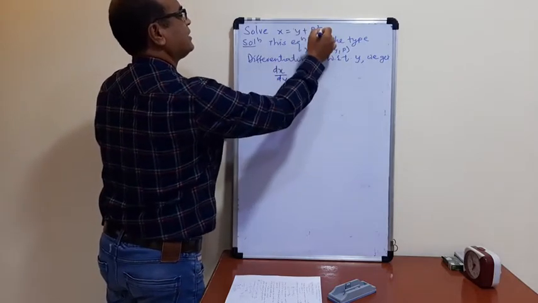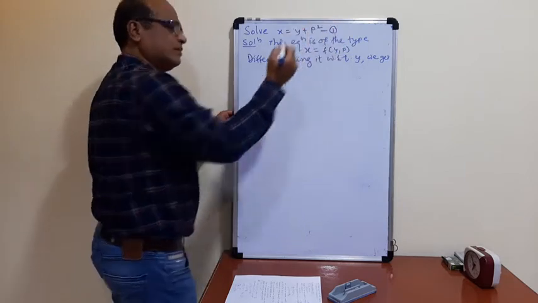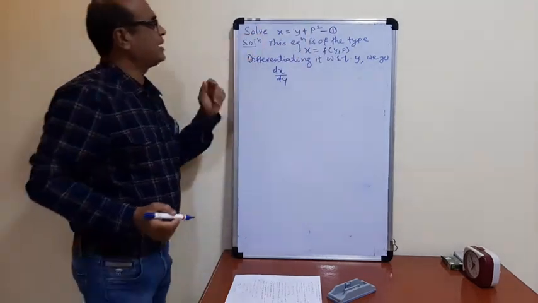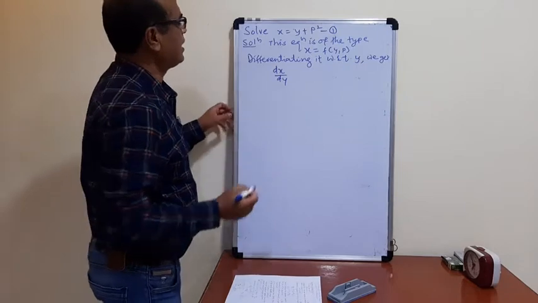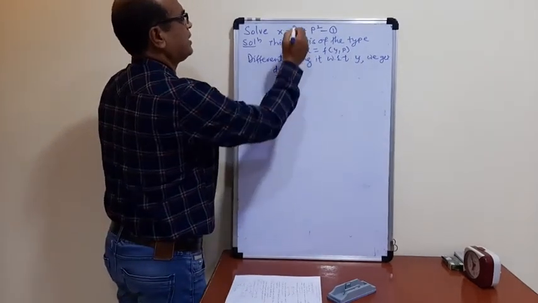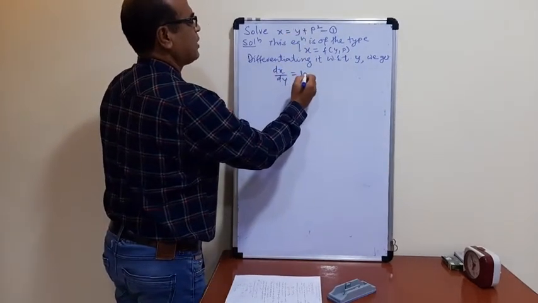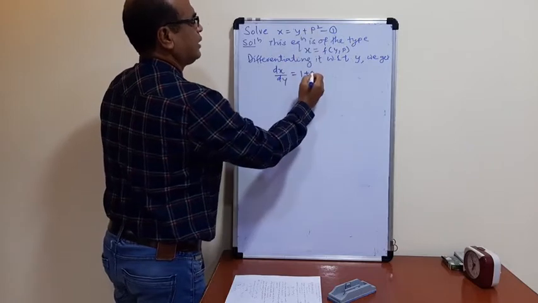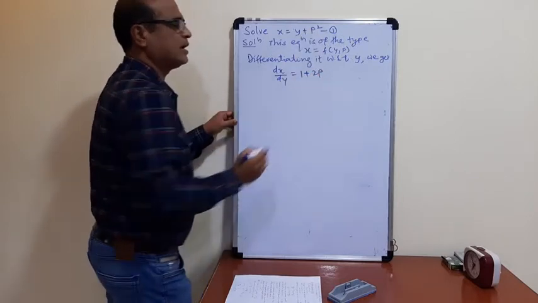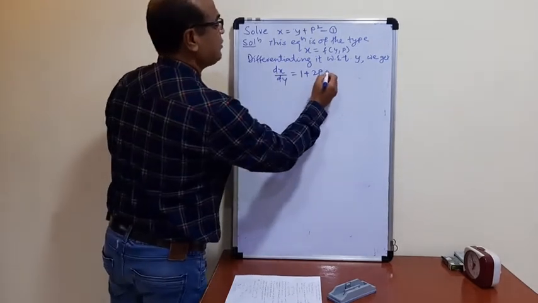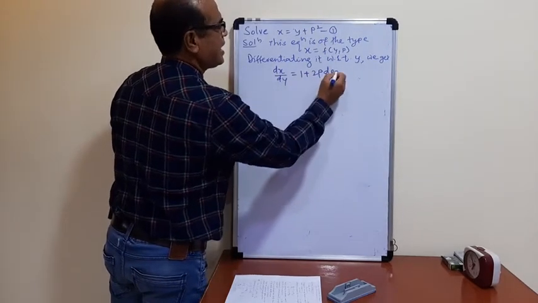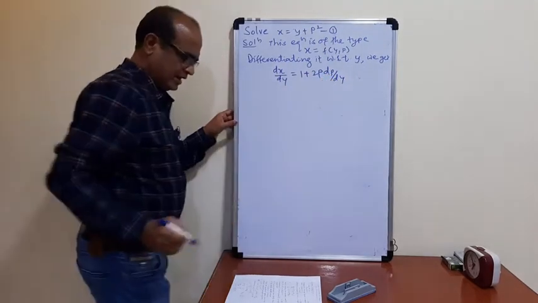So this equation here, this is equation number 1. So dx by dy, differentiate this with respect to y. So what is the derivative of this? Derivative of y with respect to y is 1 plus derivative of p square is 2p into derivative of p with respect to y. So that is dp by dy. So this is the derivative here.